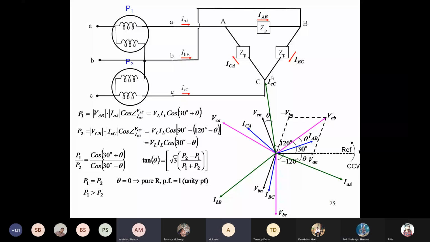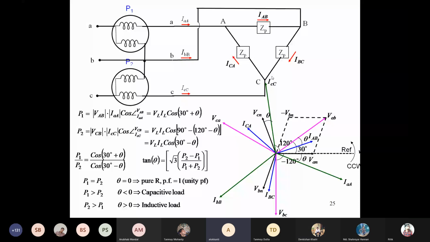Theta is less than 0, so it is the capacitive load. It is the leading load, that is the capacitive load. Similarly, if your P2 is greater than P1, theta is greater than 0. Then it will be lagging, inductive load.